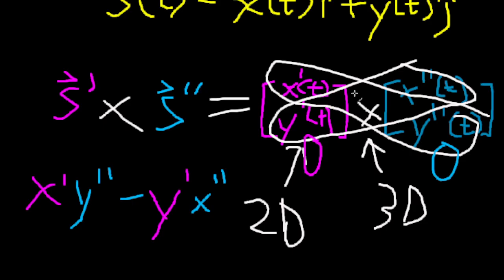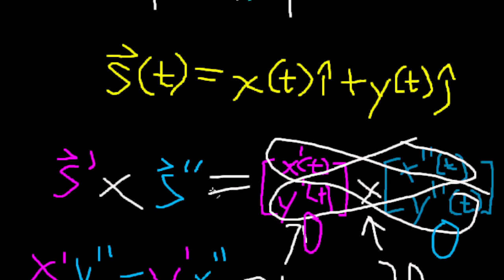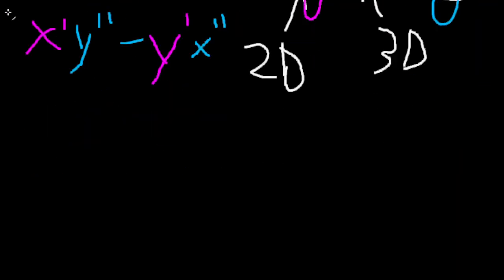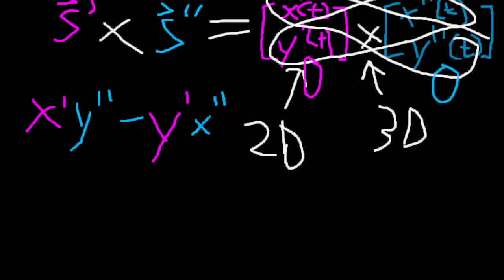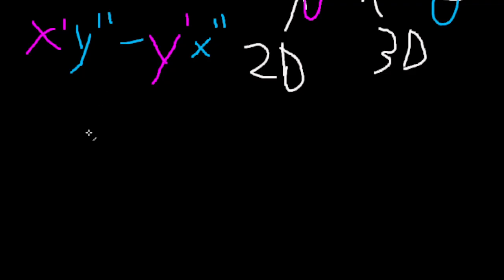But it's kind of a hacky workaround, right? So what if we wanted to do this without having to arbitrarily invoke this third dimension? Well, as it turns out, the wedge product has got you covered. So let's go ahead and see what the wedge product looks like in this context.